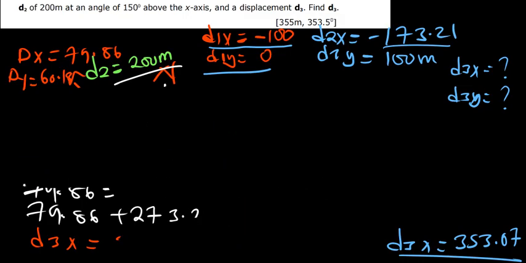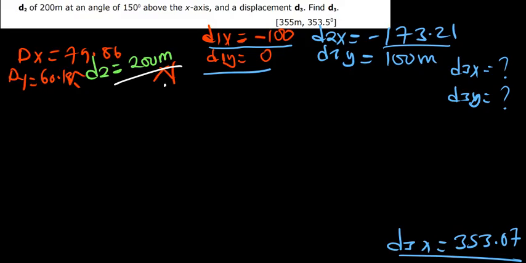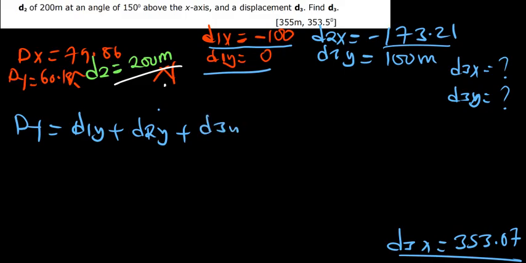Now let's find the y. So capital Dy is a result of D1y plus D2y plus D3y. What is capital Dy? It is 60.18.